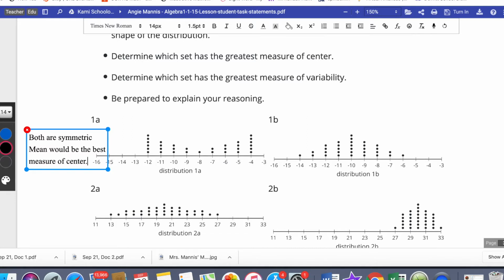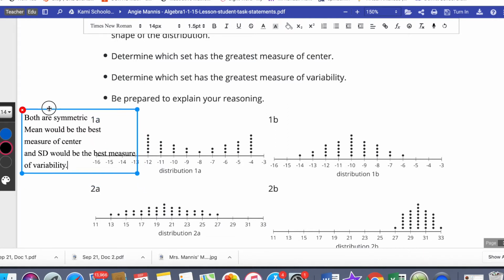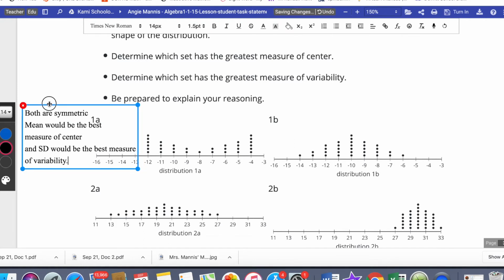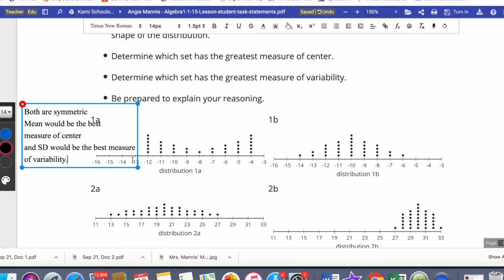If we use mean as a measure of center, then we would use standard deviation as the best measure of variability. Okay, and so I'm going to move this up so that it's just describing 1A and 1B. We can make this a little smaller maybe.